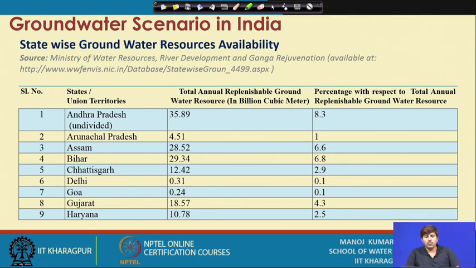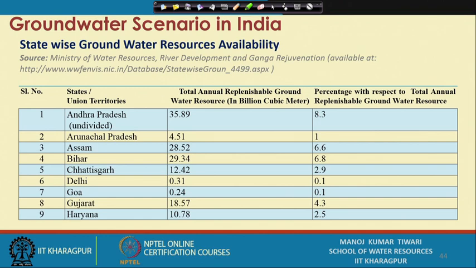There are some states which have almost negligible replenishable groundwater, or it is very hard to retrieve. There might be water at too great a depth, but we are talking about replenishable groundwater resources, and that is limited.